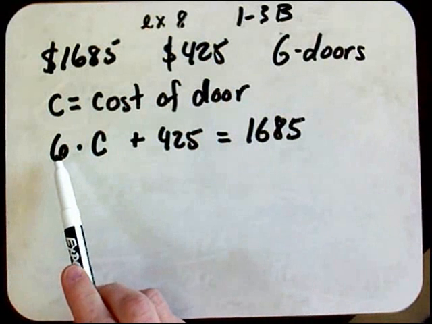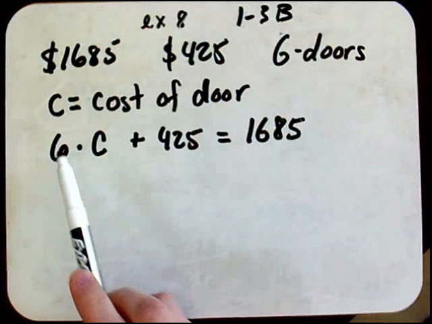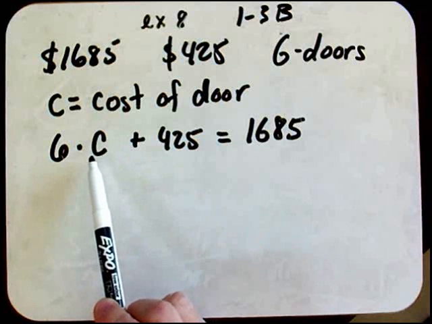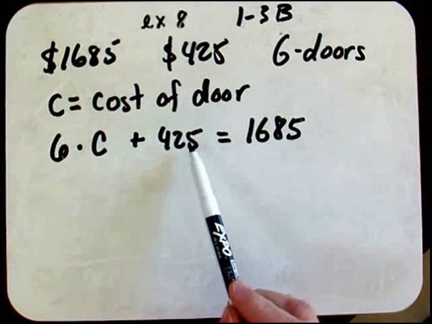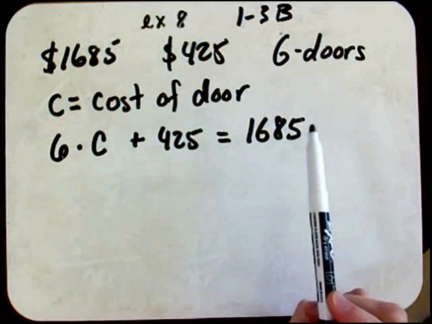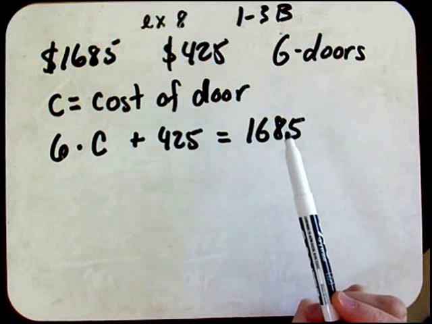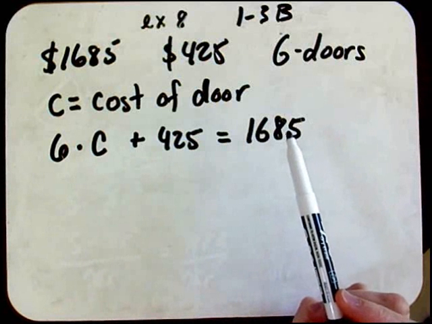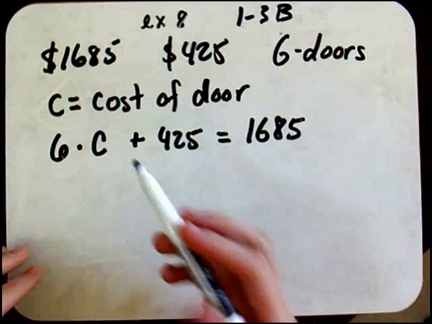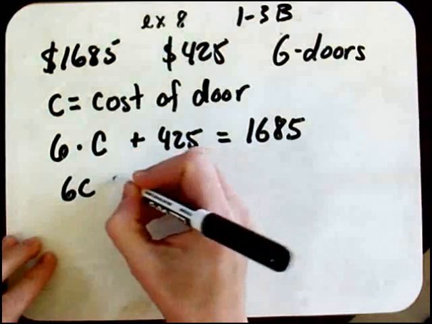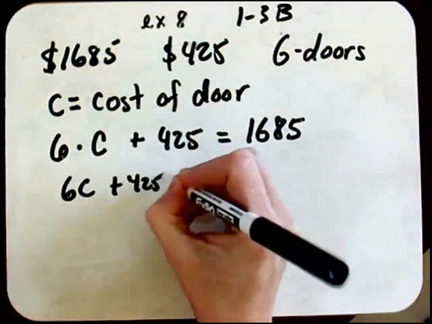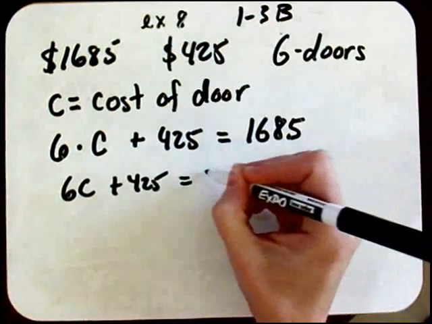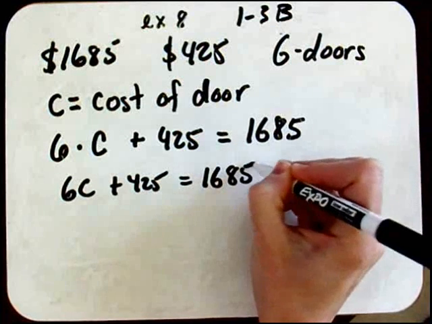So we can read this out: 6, the number of doors, times the cost to replace each door, plus what they spent, has to equal $1,685. Writing this as an equation, we have 6C plus 425 equals 1685.